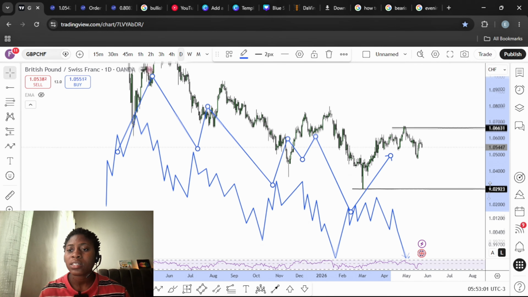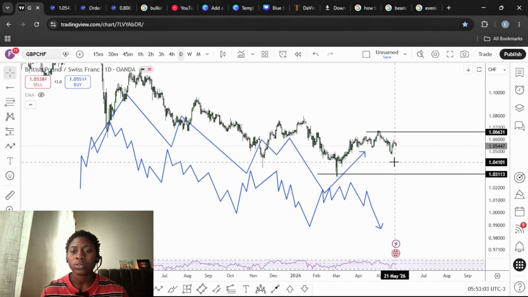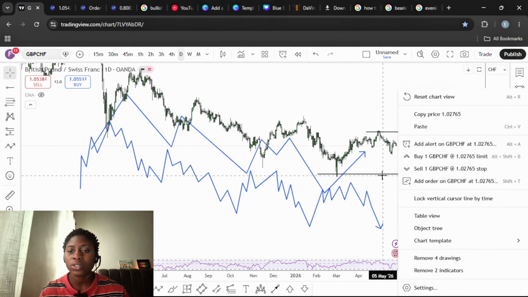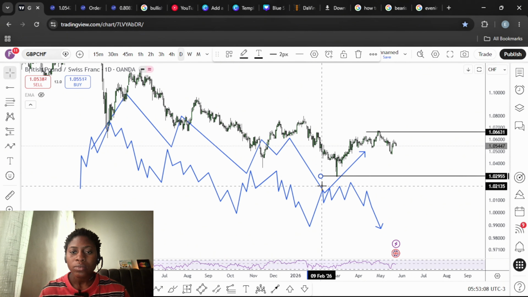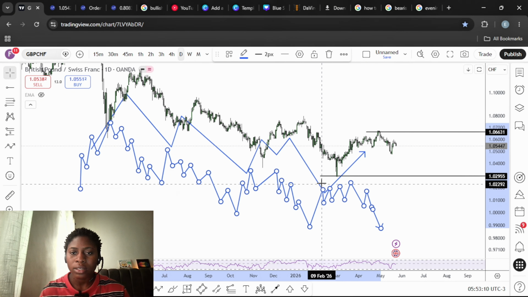So this is how market structure works. If you cannot understand within this range, you can now decide, I'm gonna take this one out.